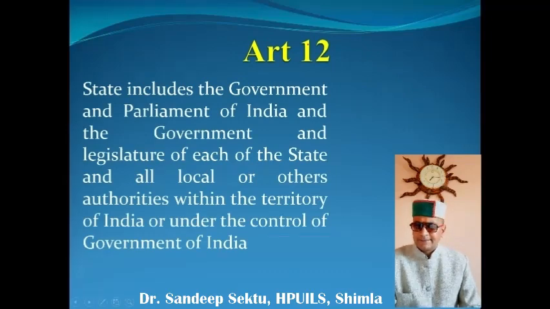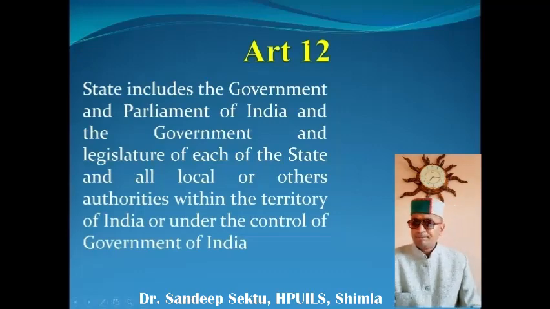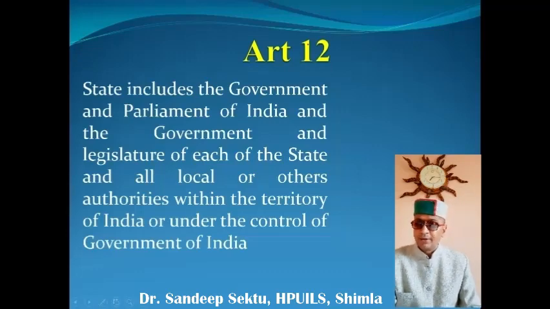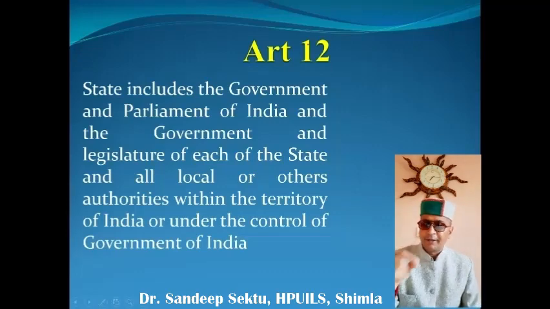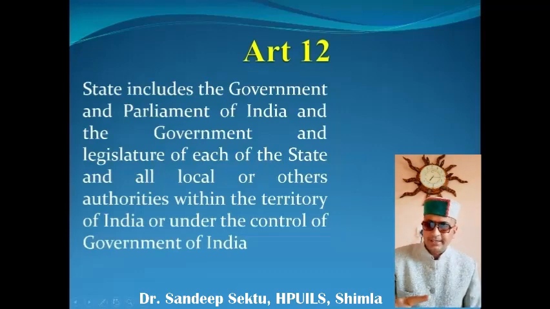Article 12 says that this term state shall include government and parliament of India, government and legislature of each of the states, and all local or other authorities within the territory of India or under the control of government of India. All these authorities I discussed, they all are state.